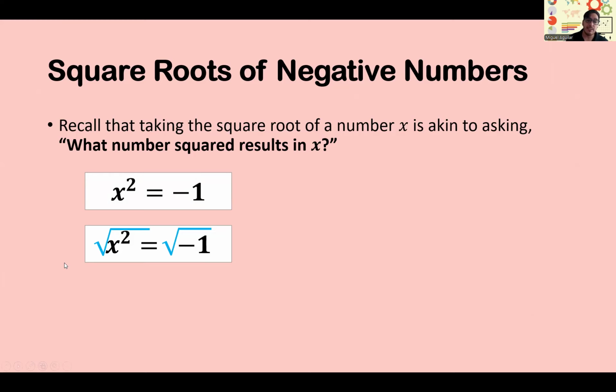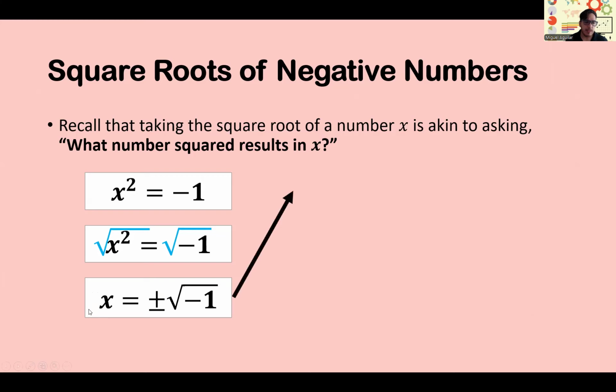On the left-hand side of the equation, once we take the square root, the square root cancels out the second power of the square operation, since they're opposites or inverses. So we should end up with x. So we have x equals plus or minus whatever the square root of negative 1 happens to be. And again, for now, we're just writing down the square root of negative 1, even though we don't know what this simplifies to.